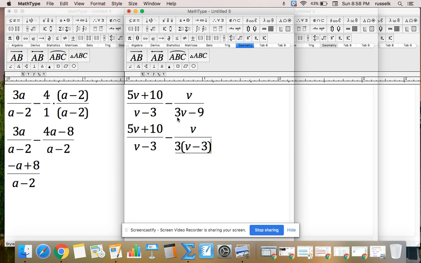The reason I want to do that, I can now see that they both have a v minus 3 already, so the only thing I need to do to get a common denominator is multiply this first fraction by 3.